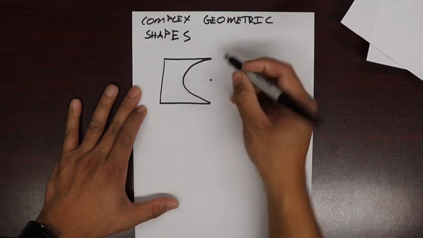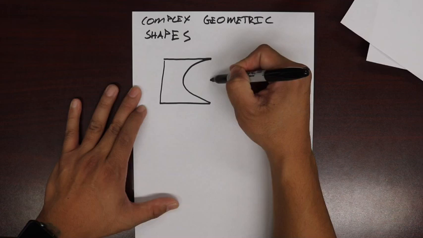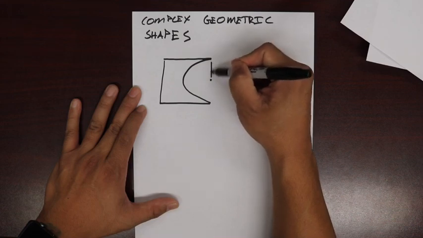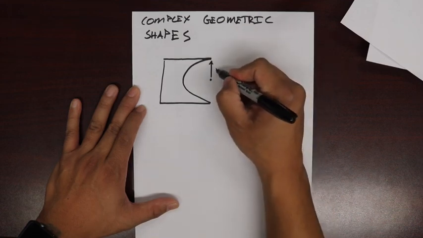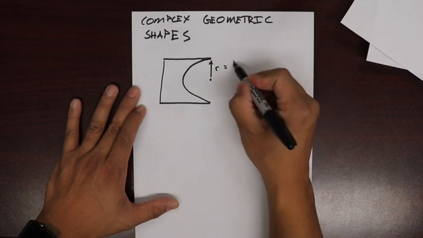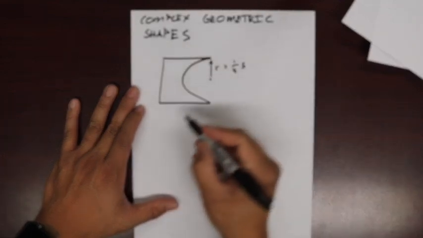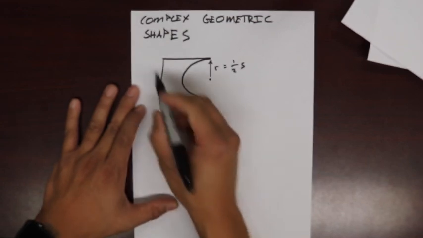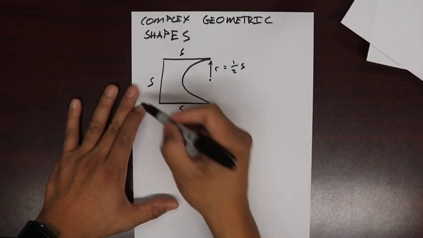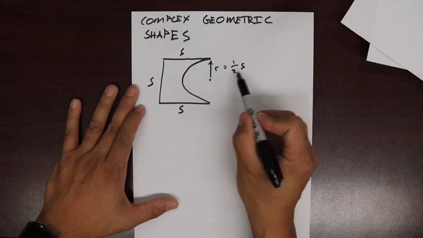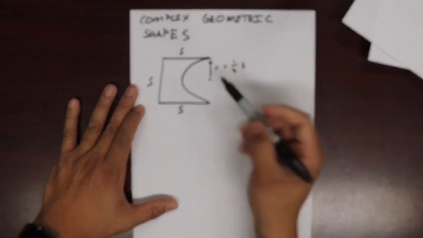The radius from here to there is going to be equal to 1/2 of the side. We're saying it's a square, so these sides are all equal to each other and the radius is equal to 1/2 of the side.